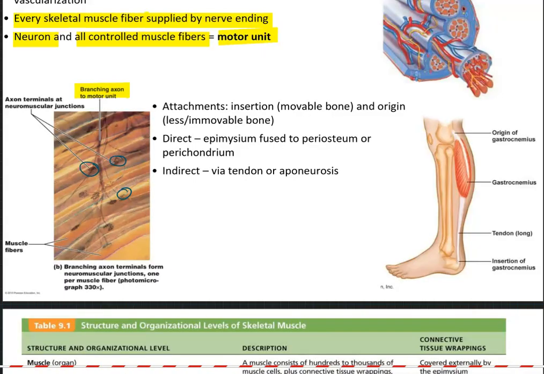When we are talking about the attachments of the muscles, we use the terms insertion and origin. Origin refers to a body part that remains relatively not moving during that muscle contraction, and insertion is the bone or skin that moves. I can give you a couple of examples.